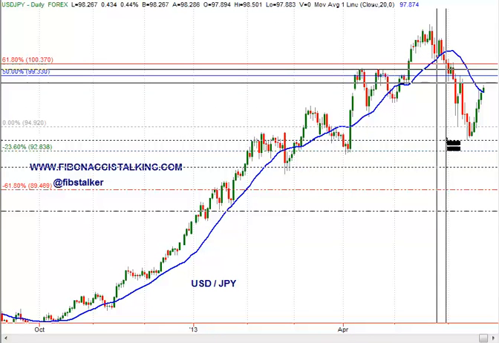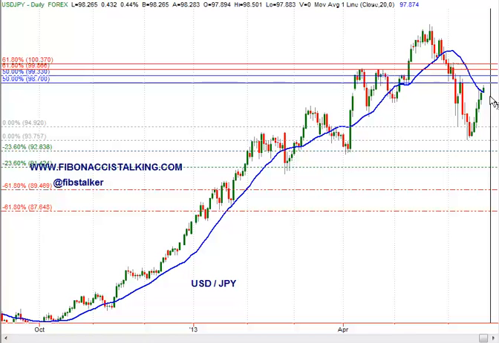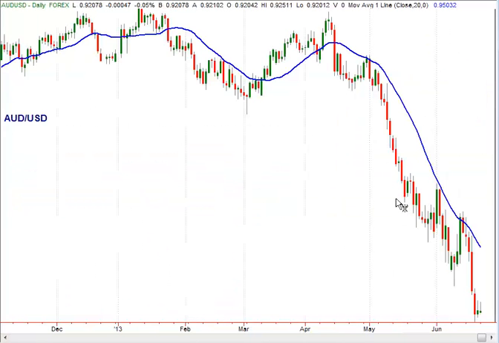It's very close to that level, so we will use this as our potential area of resistance, but you would need to study the price on the 15 minutes in order to identify failure.